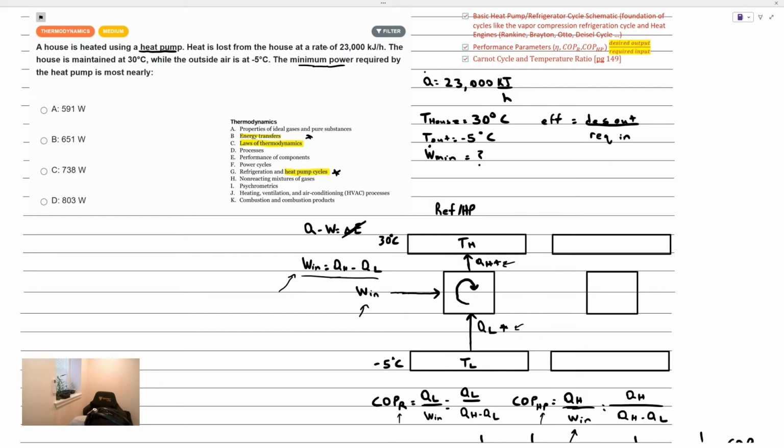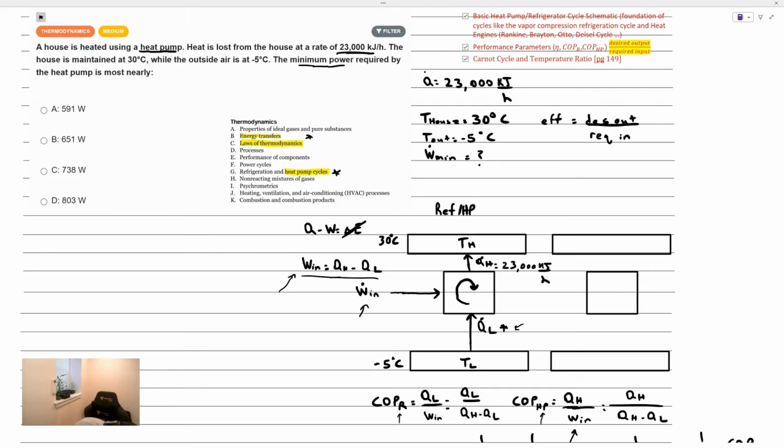And the heat is lost from the house at a rate of 23,000 kilojoules per hour. That's essentially the heat that we must supply into the house. That QH, or Q dot H for us, is 23,000 kilojoules per hour if I change these to dots here.